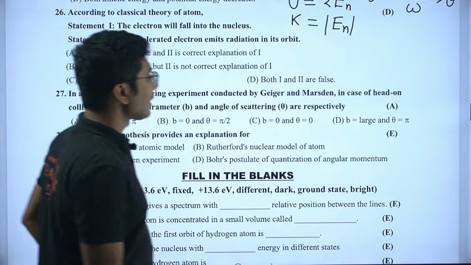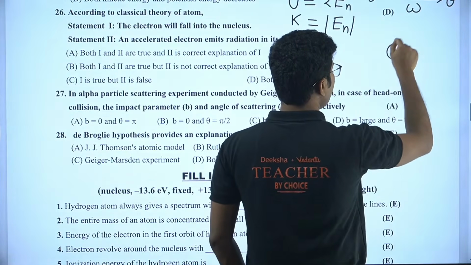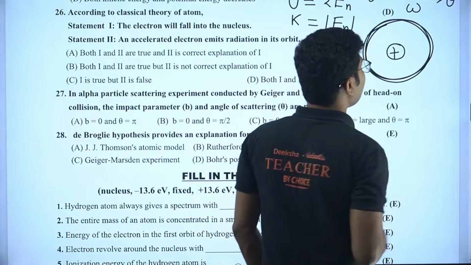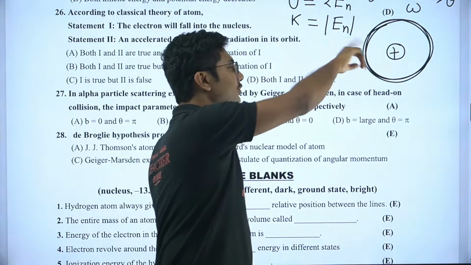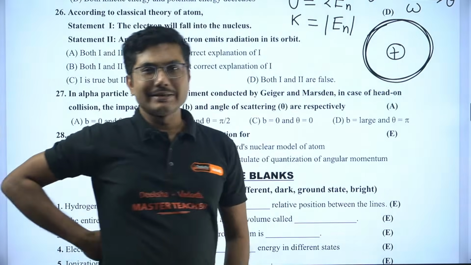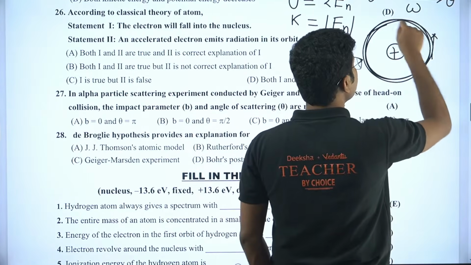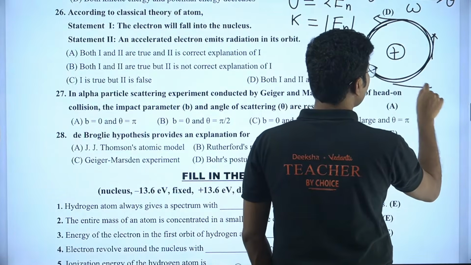According to the classical theory, an accelerated charge emits radiation. When an electron is orbiting in a circular path, it is an accelerated motion. Why? Because in circular motion the velocity is changing, so centripetal acceleration always acts, and centripetal acceleration is also an acceleration.